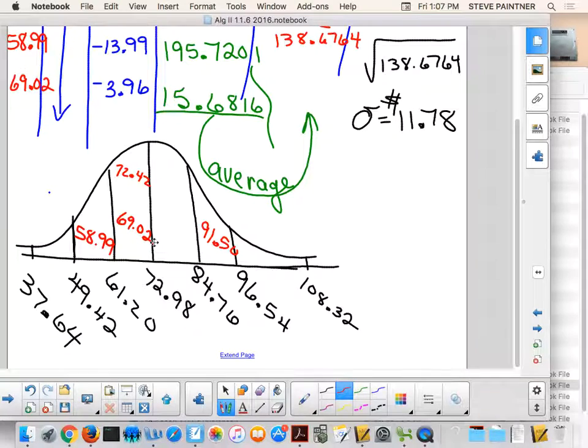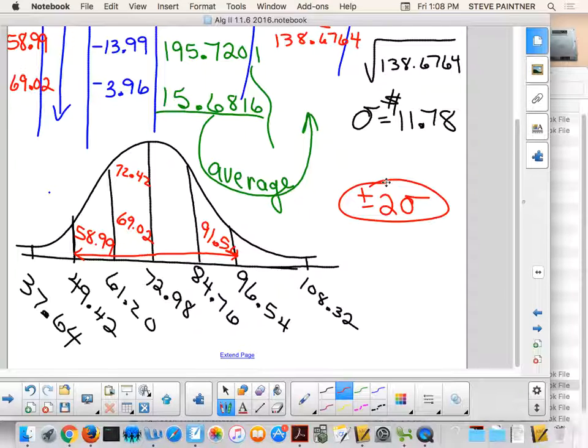Okay. Now the first question was, within how many standard deviations do all the data fall? From the average this way, that's 2. So the first answer is within +2 this way or +2 that way standard deviations.